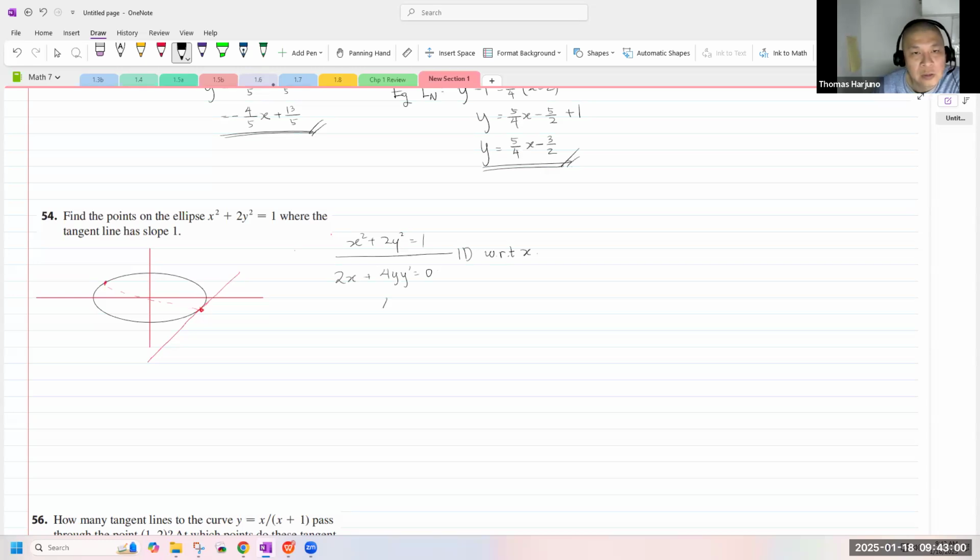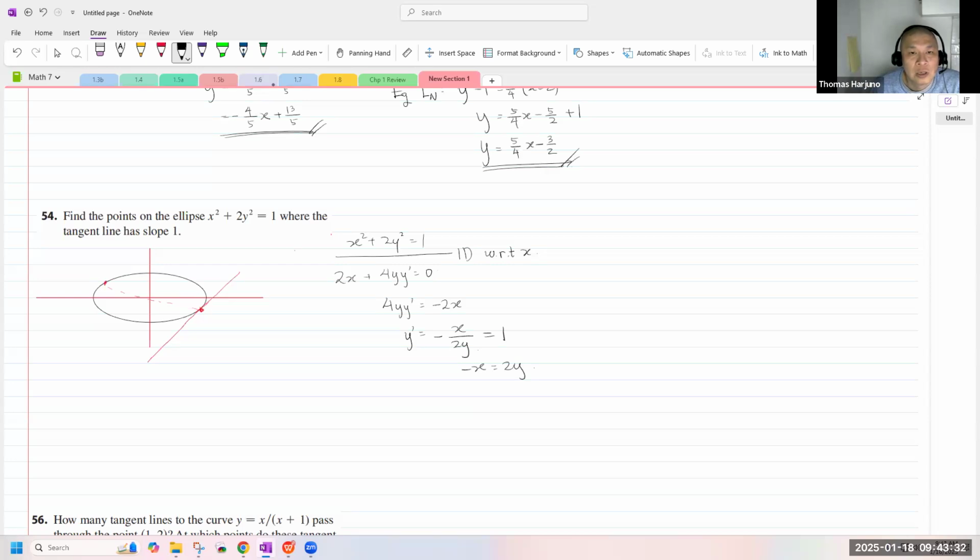So 4y y prime equals negative 2x, y prime equals negative x over 2y. Okay. We need to set this equal to 1, which implies negative x equals 2y, right?